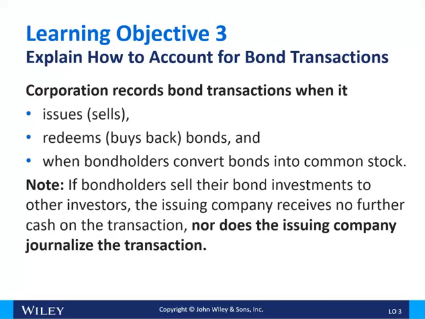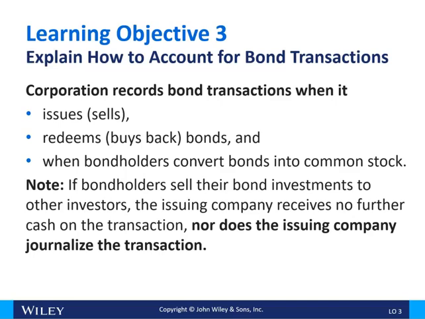Now that we have some terminology on bonds and understand it a little bit, we'll explain how we account for them. So a corporation records bond transactions when it issues or sells, when it redeems or buys back the bonds, and when the bondholders convert bonds into common stock. If bondholders sell their bond investments to other investors, so if I bought Ford Motor Company bonds and decide at some point to sell them to somebody else, that's what we're talking about there.